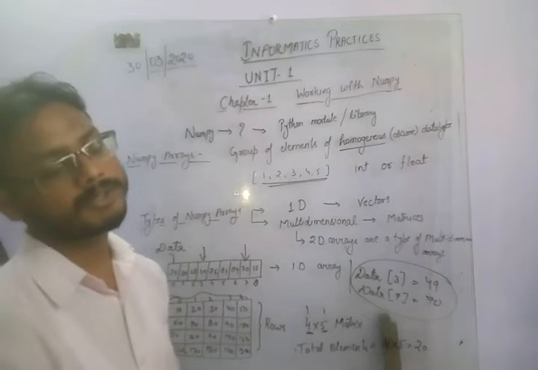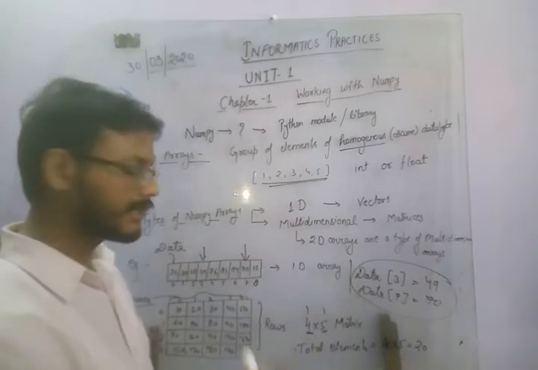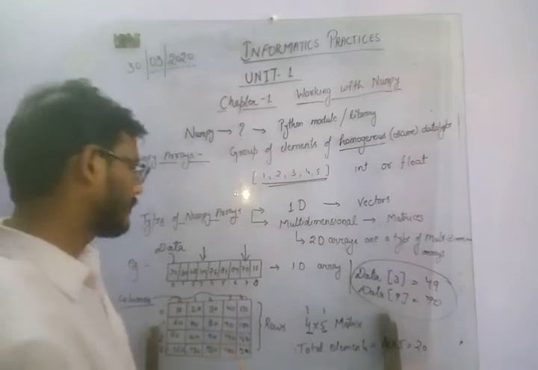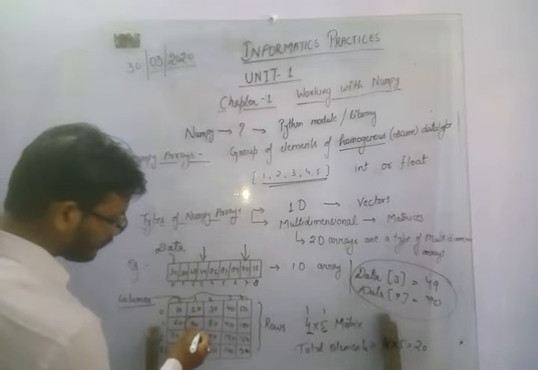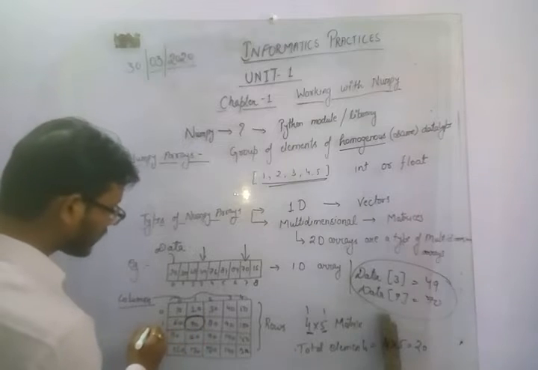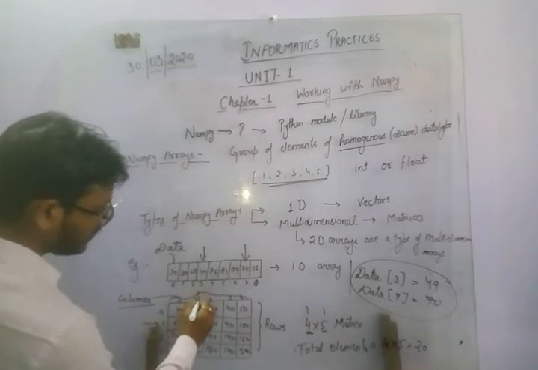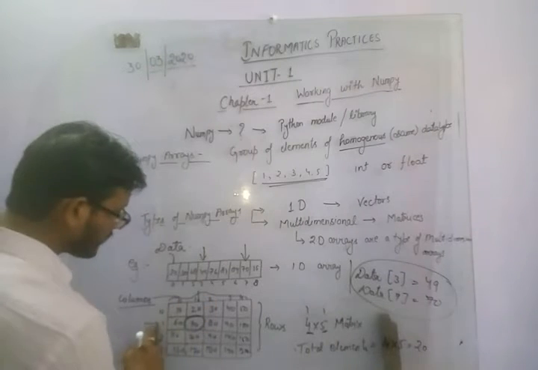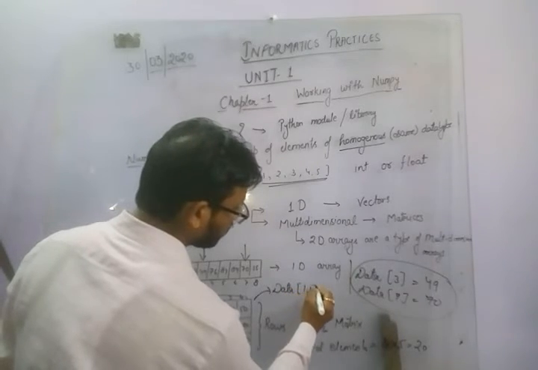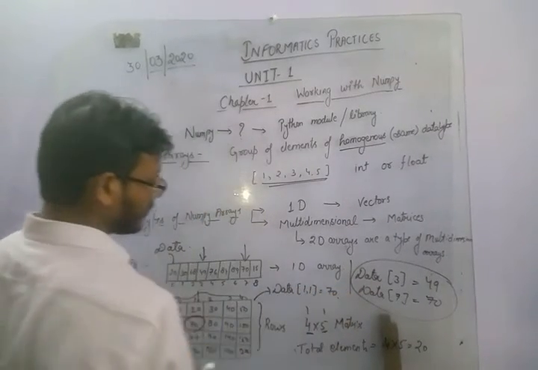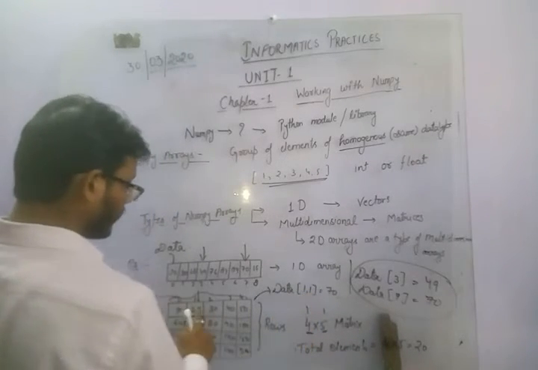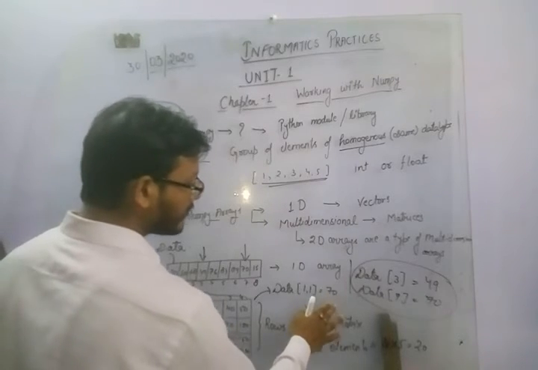Now in two dimensions, because we have two dimensions, that is x-axis and y-axis, we have to give two indexes to extract any element. For example, if we have to extract this 70, or you can say this element, then it lies at the first index of the row and first index of the column. So we can write data[1,1] equals 70, meaning the first index of row and first index of column is here, so we will get the value 70.